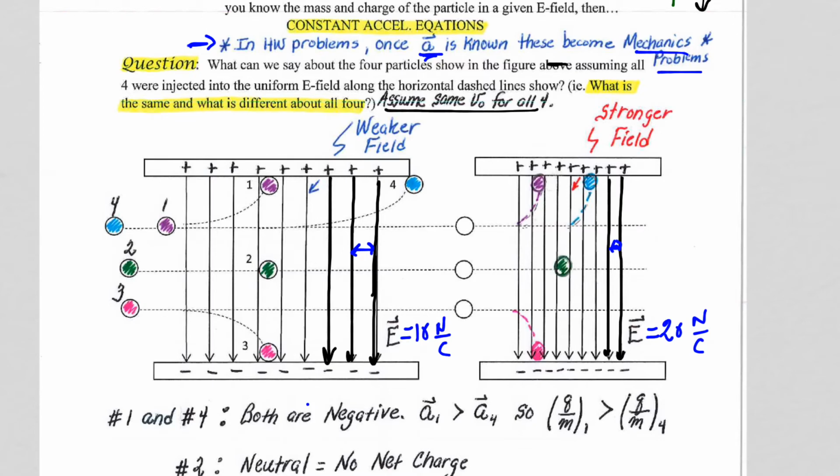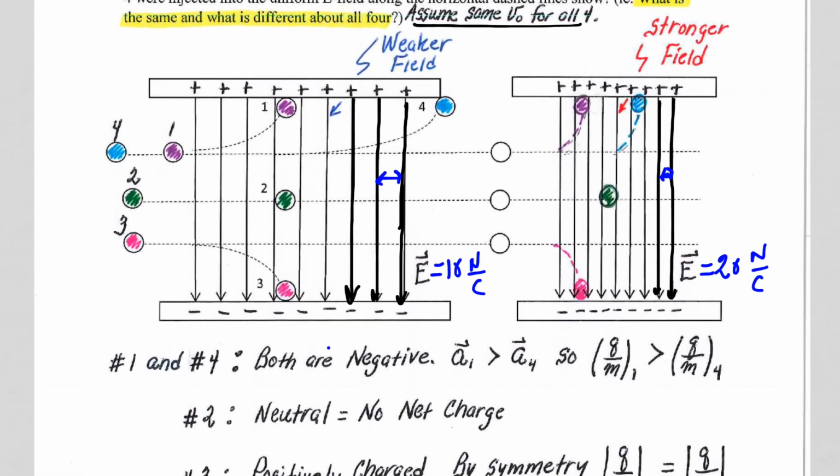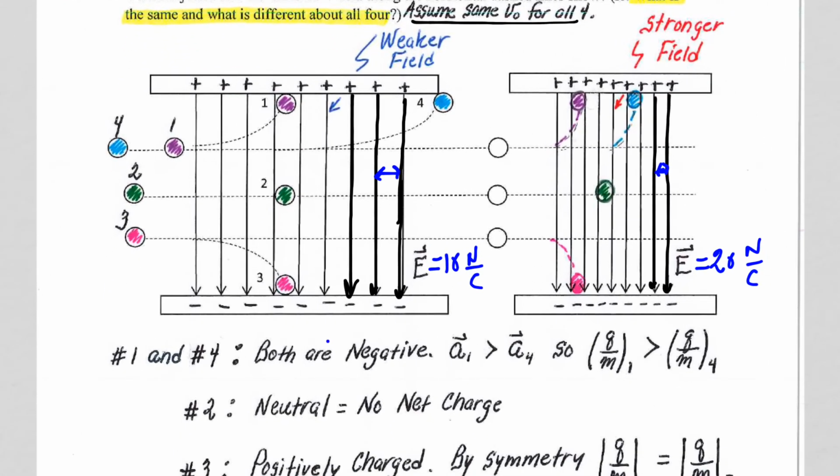If we look at particle 1 and particle 4, we know that both must be negative, because they were pulled upward against the direction of the electric field downward. And since the purple one was accelerated more strongly, hitting around the middle of the plate as opposed to the light blue one, particle 4, hitting at the end of the plate, we know that acceleration 1 has to be greater than acceleration 4.